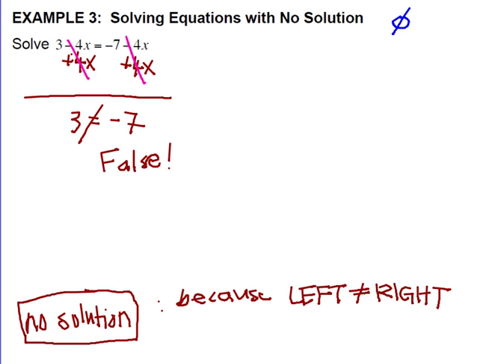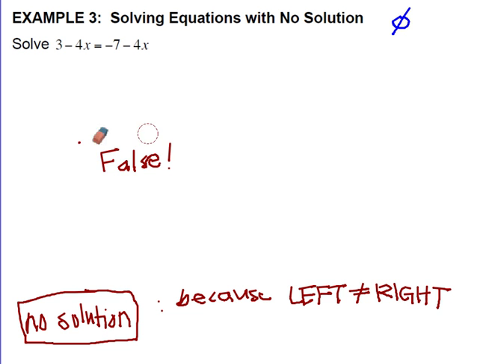But this time, instead of getting rid of negative 4x, I'm actually going to get rid of numbers first. For example, let's go back. Instead of getting rid of negative 4x, I'm actually going to start with negative 7. I just randomly pick a number from the right side.